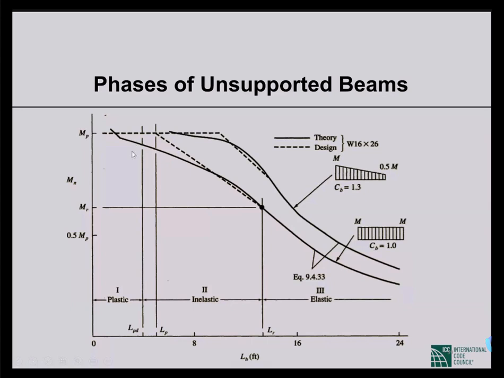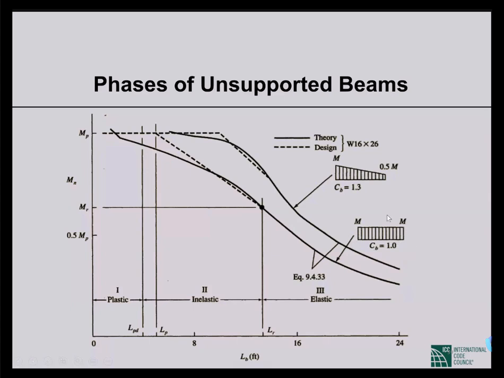And now the line shown at the bottom is the basic formula, but that formula is derived for cases when the moments are equal on both sides of a member.